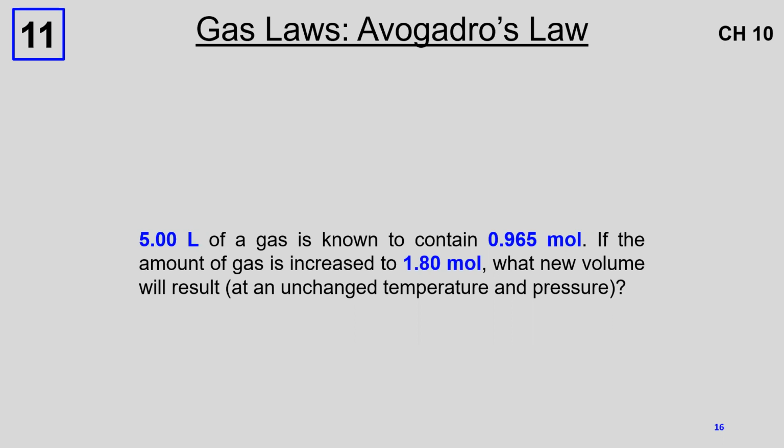We know the initial number of moles, which is 0.965. And then we're increasing the number of moles, N2, to 1.80. So according to Avogadro's law, you would expect the volume to expand here. So that's our V2.